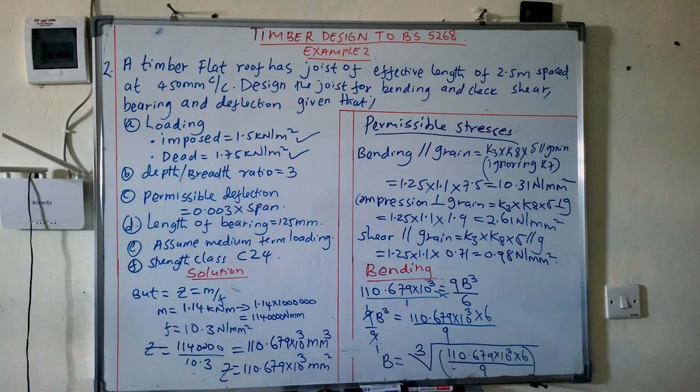So if you punch it in your calculator, you will get the value of B. So the value of B is 41 point.